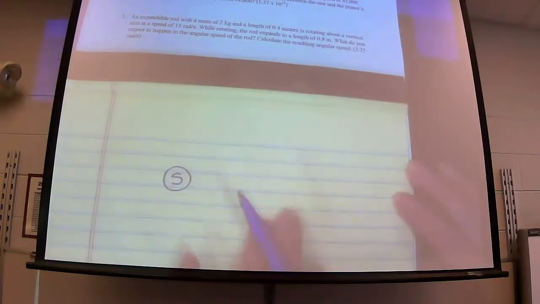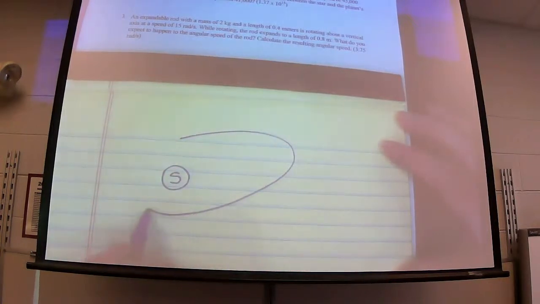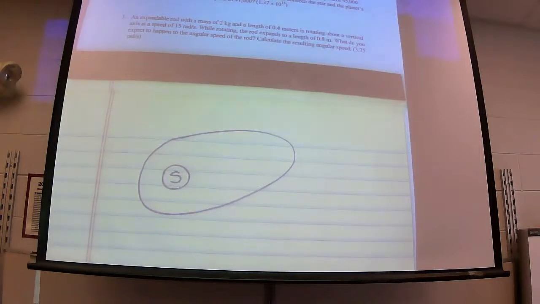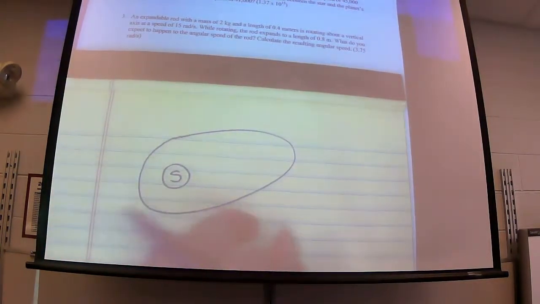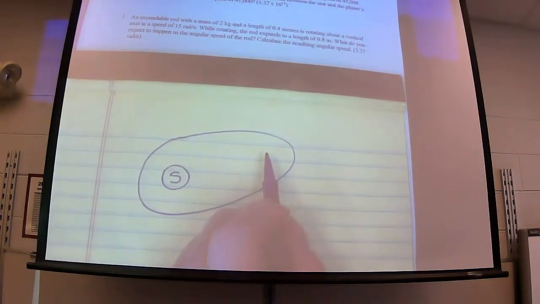Do you remember in the elliptical path, the sun is not in the center, it's at one of the foci? So something like this. That is an egg. It's a good egg. All right, this is the planet.